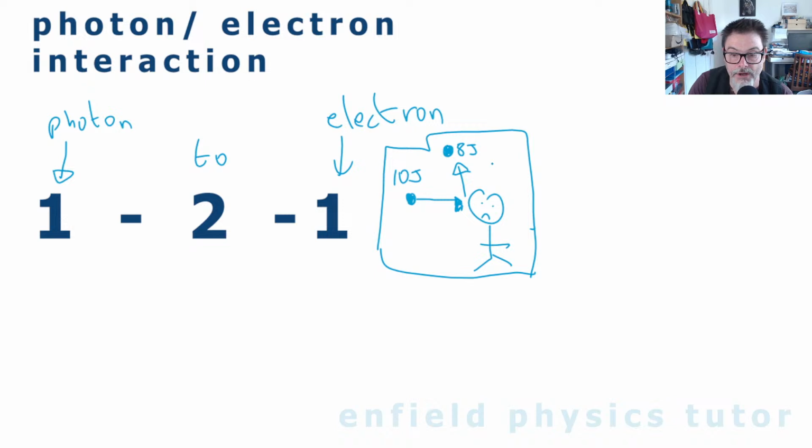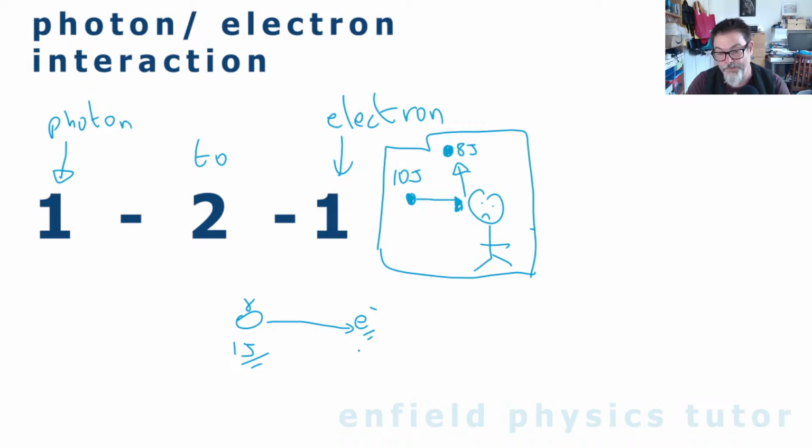Now photons aren't like that. If you have a photon, how do you draw a photon? Well, let's just draw a photon like that, and then you interact that with an electron. What happens is the photon comes over. Let's say it's got 1 joule of energy, stupid number, but let's just pretend, okay? The photon hits the electron and completely ceases to exist. It disappears. Goodbye photon.